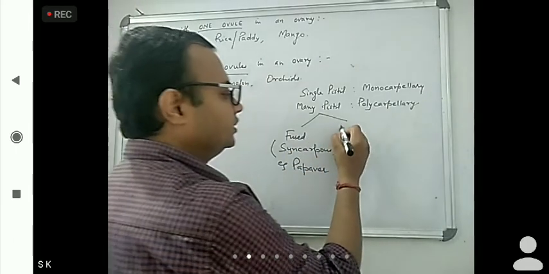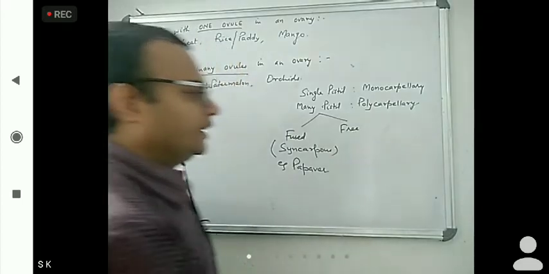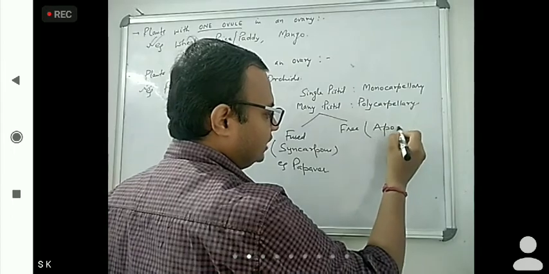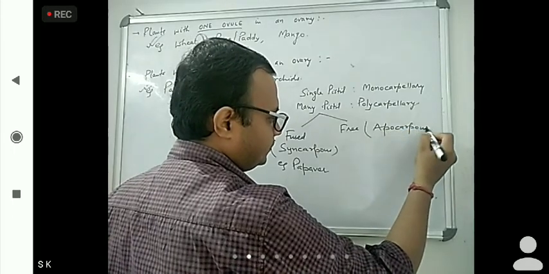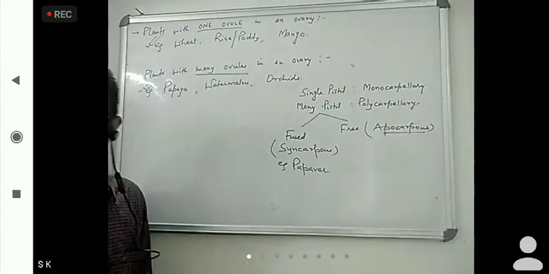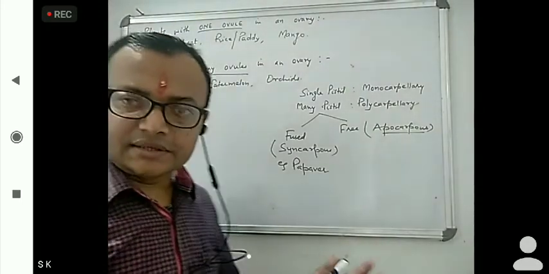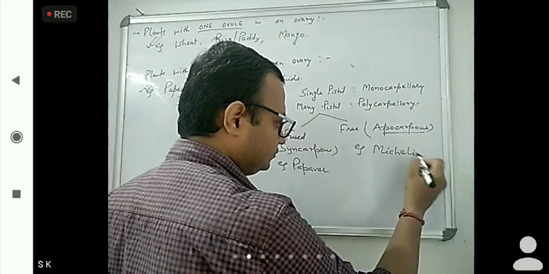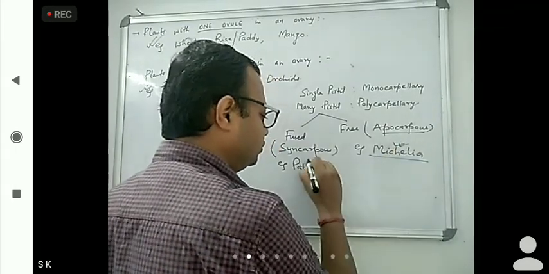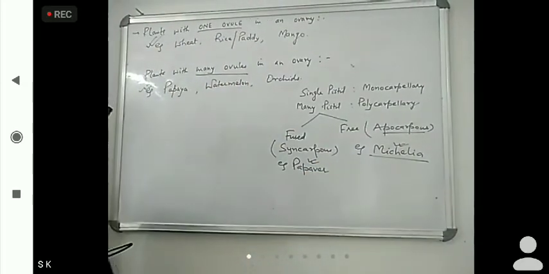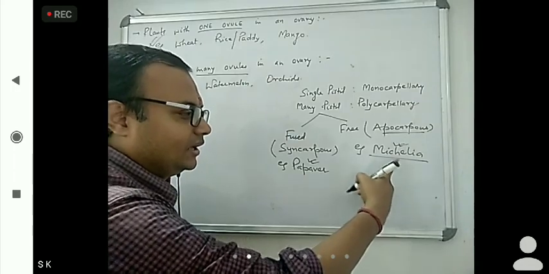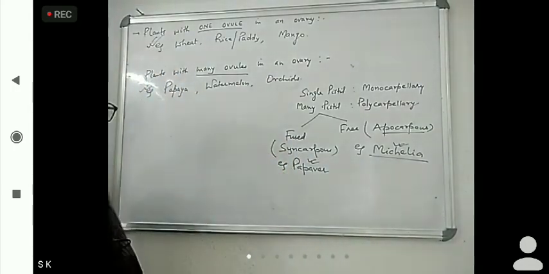And if many pistils are there and all carpels are free, that condition is known as apocarpous, and the example is Michelia. These two you have to remember, as medical questions are asked on them.